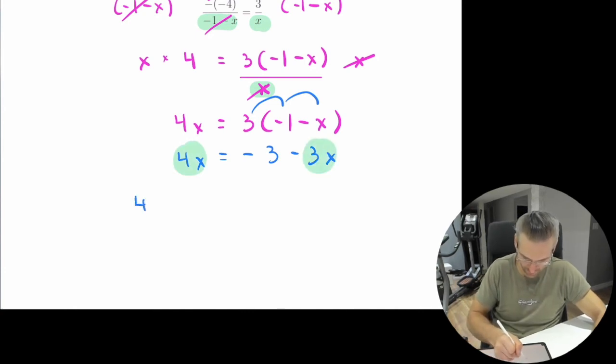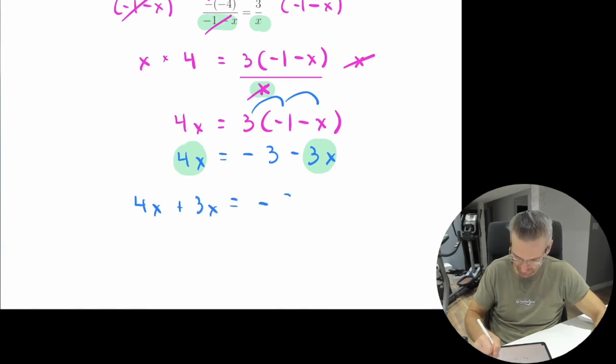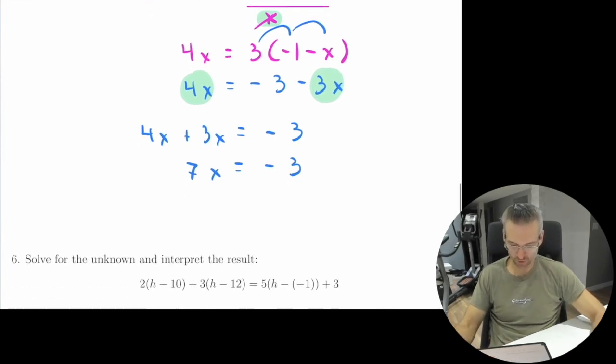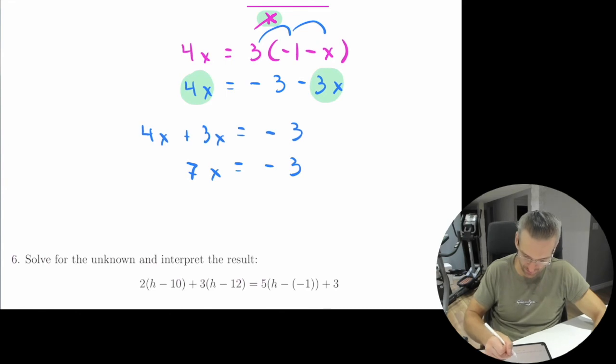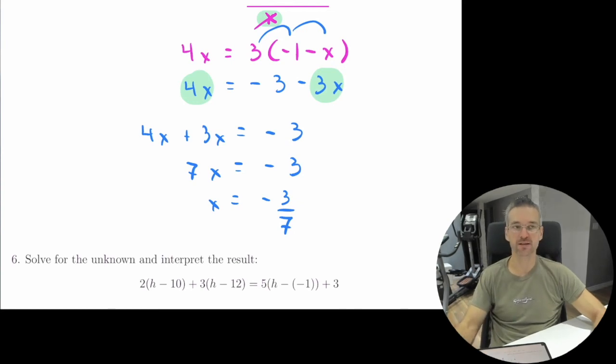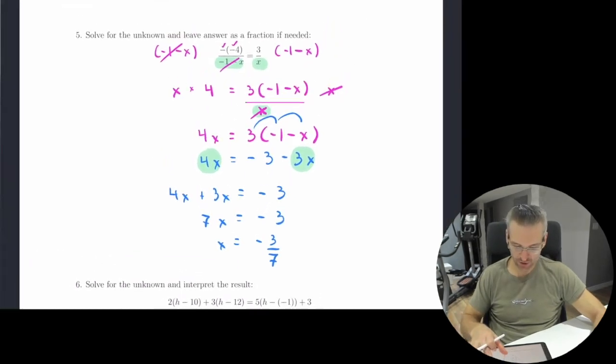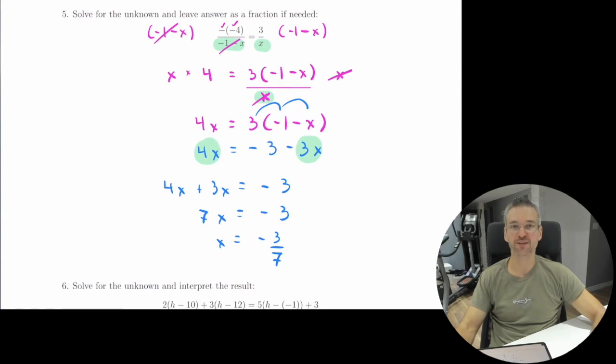So we're going to get 4x plus 3x equals negative 3. This is 7x. And we are done. We can now divide both sides by 7, which is going to give us that. And that's as good as it comes for this one. So that was question number 5. I wonder if you got that one.